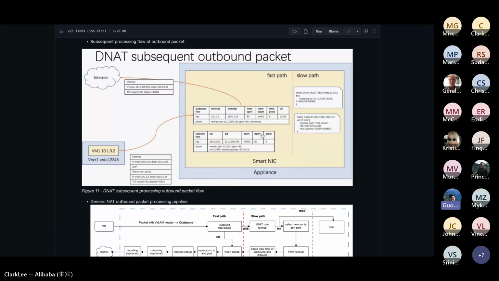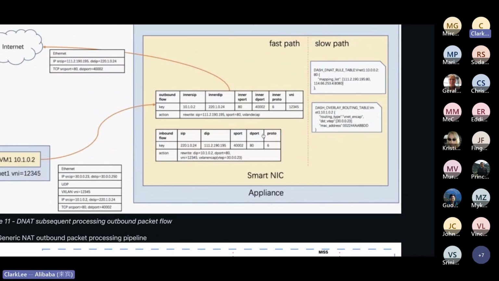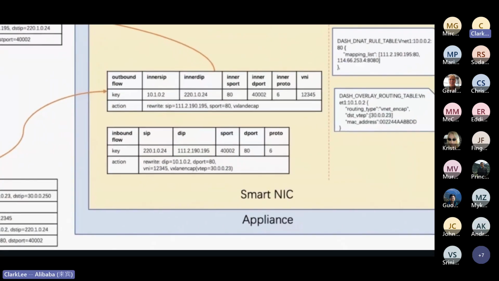What's the difference? I couldn't see it. I mean, what is the difference here? Okay, yeah, it's more clear. One is the outbound flow table. For the outbound flow table, we have inner source IP, DIP, port, protocol, and VNI as the key. And for the inbound flow table, we have source IP, dest IP, and these things, but we don't have VNI.